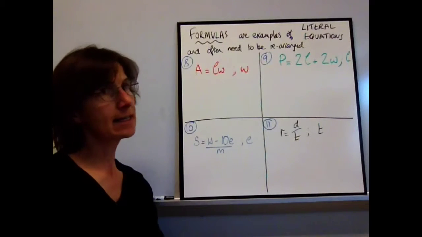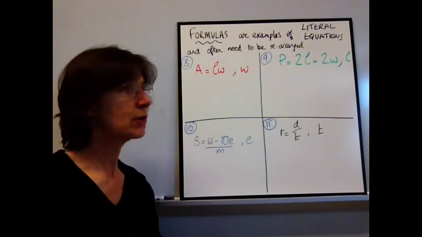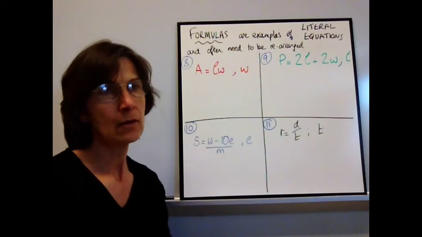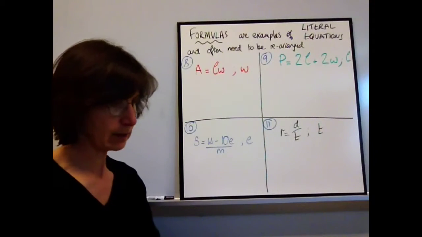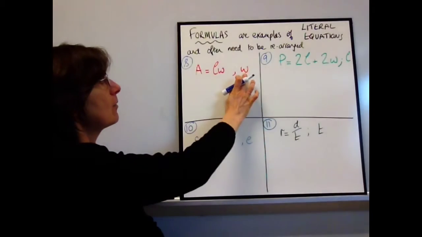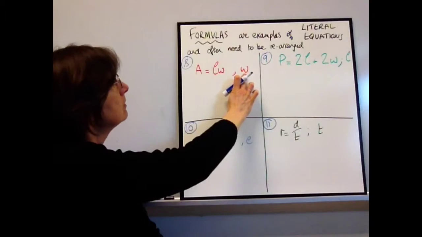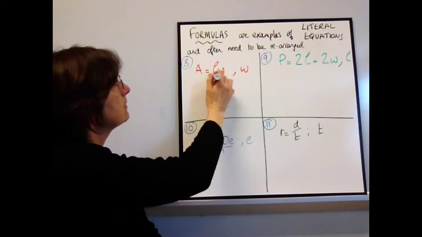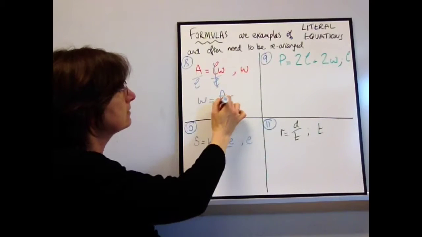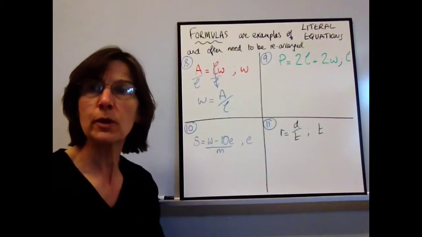Let's say I give you the area and the length and I ask you to find the width. Well, I know that in your head you can find the width, but what would it look like algebraically? I want to solve for W. To get W on its own, I need to divide out L. So W is area divided by the length. Straightforward and obvious.